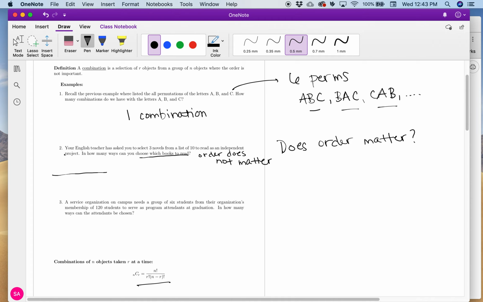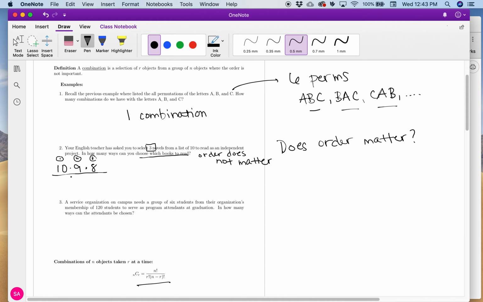For my first book, we have 10 choices. Once you pick that book, how many books do you have left for your second book? There's 9. Third book, 8. We stop there because we were only picking 3 books out of the 10.